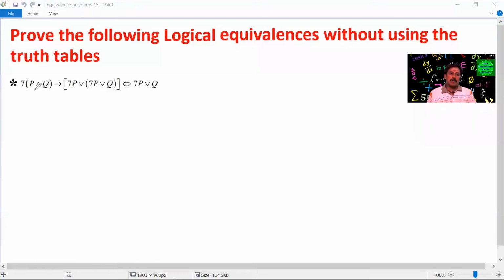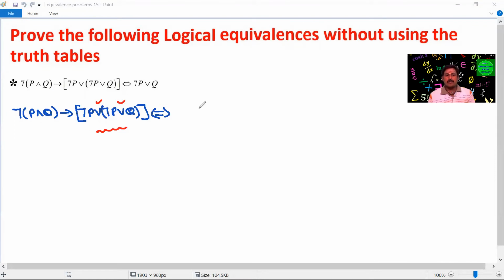Next problem. If not of P and Q, then not P or not P or Q is equivalent to not P or Q. To solve this, I'm going to consider the left side. If not of P and Q, then not P or not P or Q. If you observe this bracket term, we come to a conclusion that symbols are same.